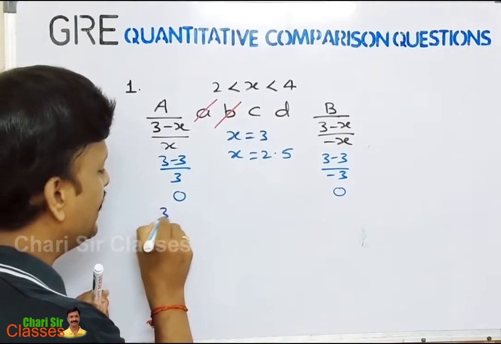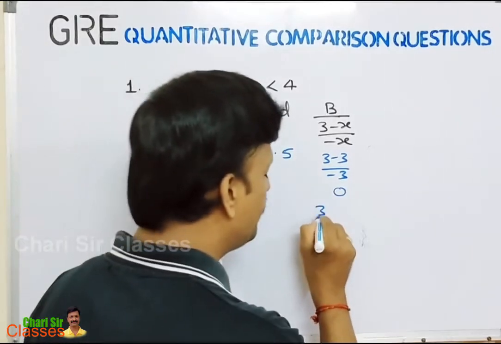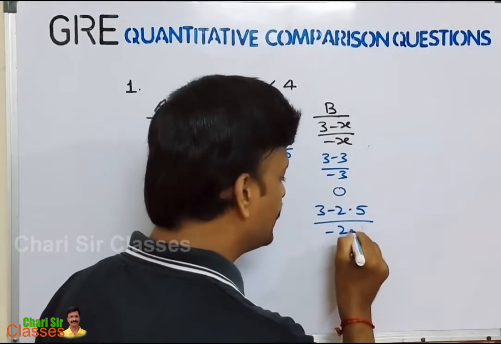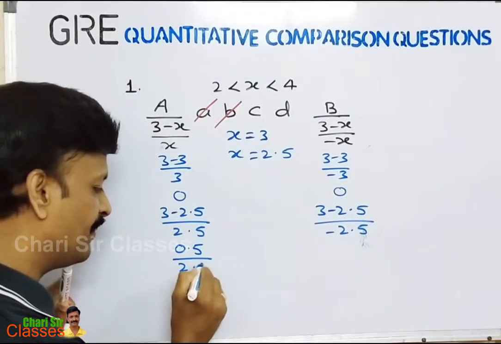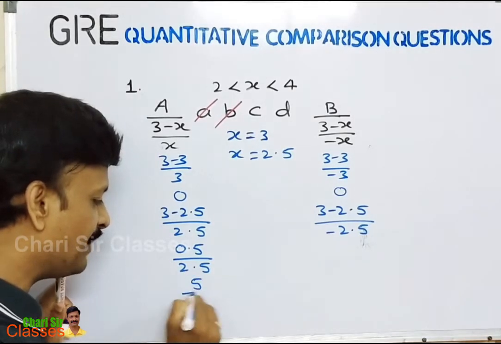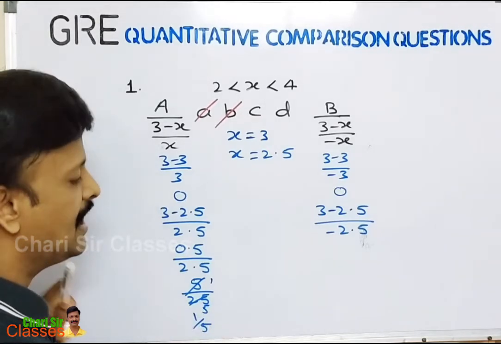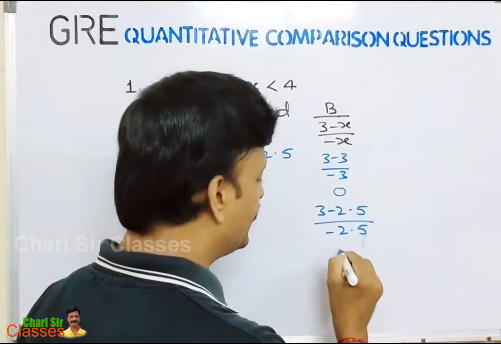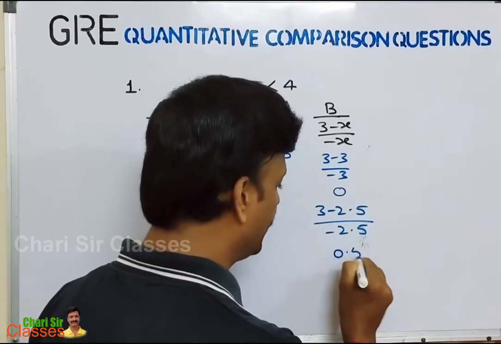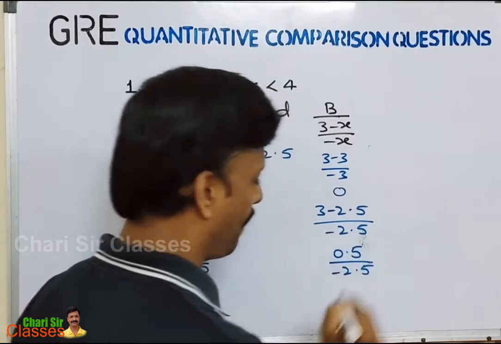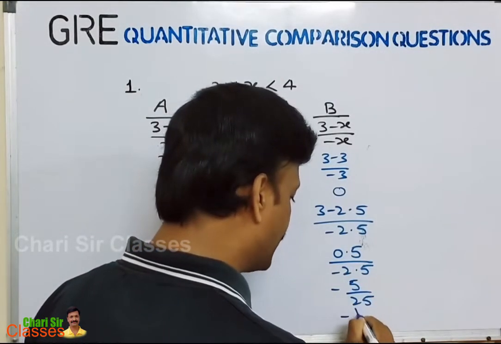Quantity A is (3 minus 2.5) by 2.5, which is 0.5 by 2.5, which can be written as 5 by 25, that is 1 by 5. Quantity B is (3 minus 2.5) by minus 2.5, that is 0.5 by minus 2.5, which is minus 5 by 25, that is minus 1 by 5.